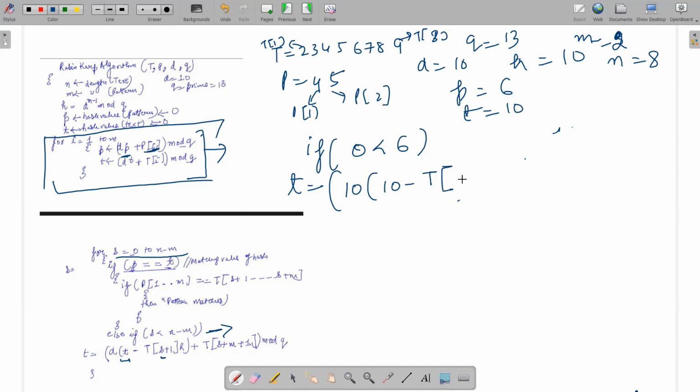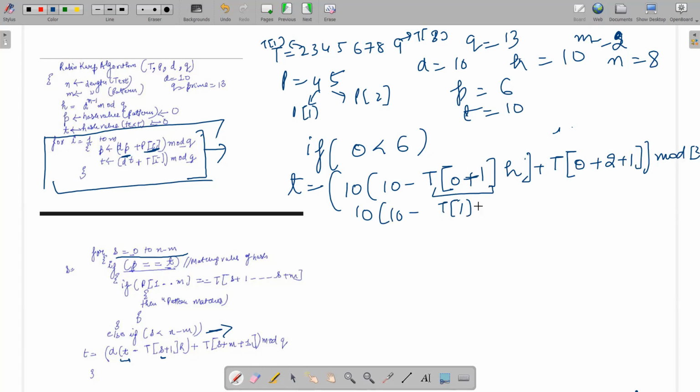S value is 0, so 0 plus 1, multiplied with h, right? This we will calculate, plus T of s plus m plus 1, where s is 0 and m is 2, and we are taking it mod 13, right? So we have 10 minus T of 1, multiplied with 10, plus T of 3, mod 13.